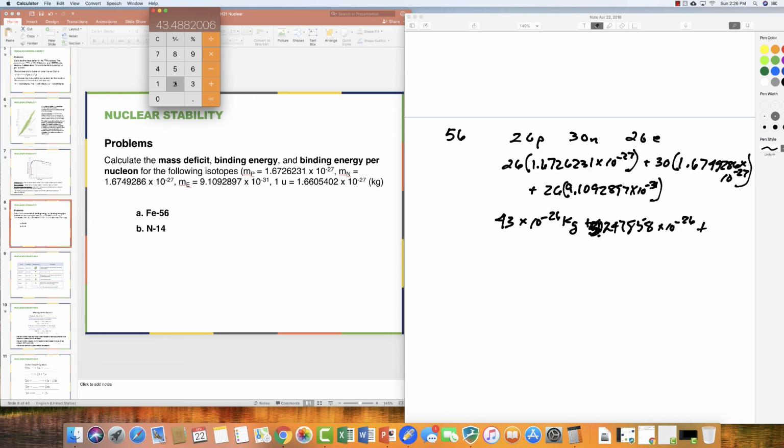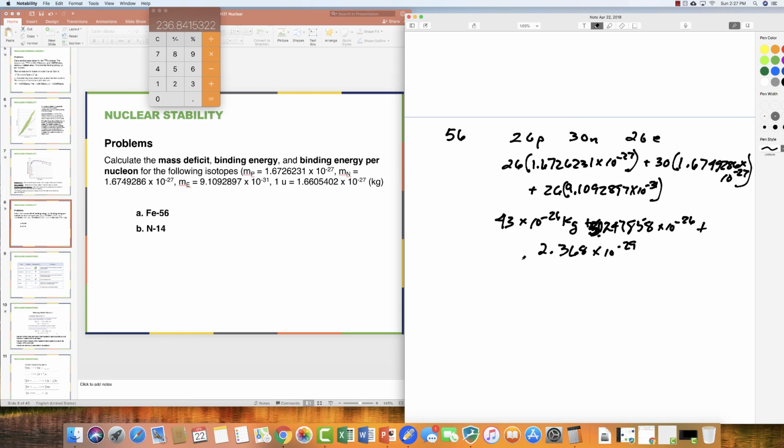Then 26 times 9.1 times 10 to the minus 31 is going to be 2.368 times 10 to the minus 29. If we move this to make it 10 to the minus 26, we have to move it over 3 slots.